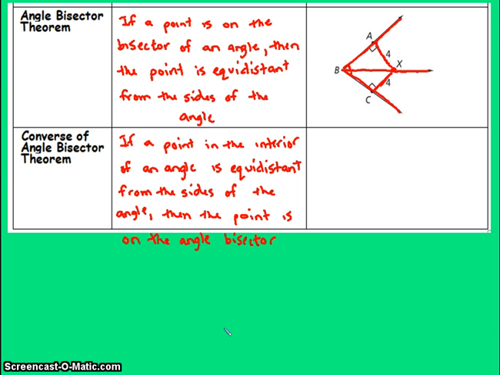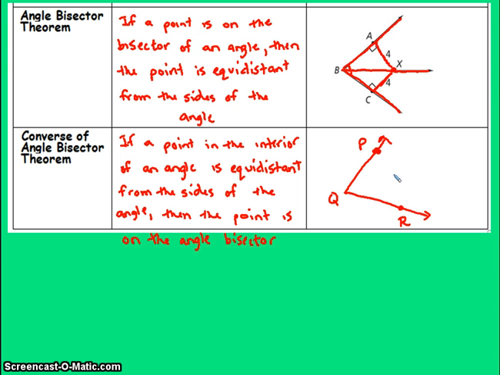And we have to draw our own picture for this, and so what I want you to do is draw angle PQR. So we're going to draw this, and we're going to label it PQR.